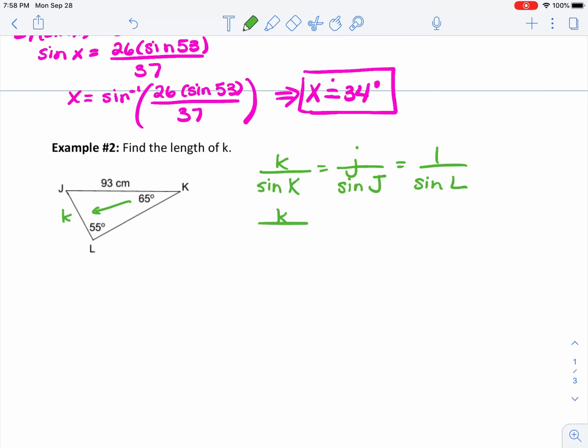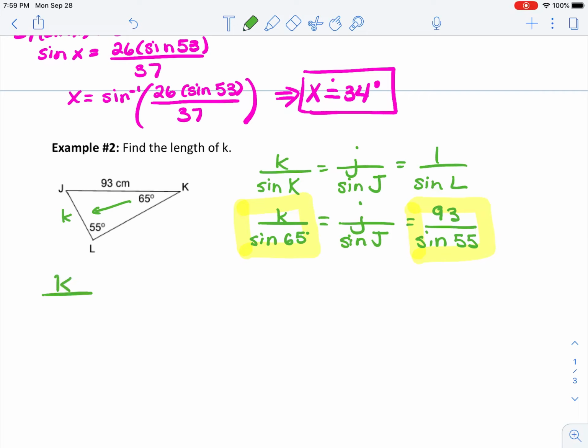So I don't know k, that's what we're trying to find. I do know angle K. j, I do not know, and I don't know angle J either. l is 93 centimeters and angle L is 55 degrees. Again, I want to use the proportion here, the fraction with both numbers, and the fraction with the variable that I'm trying to find.